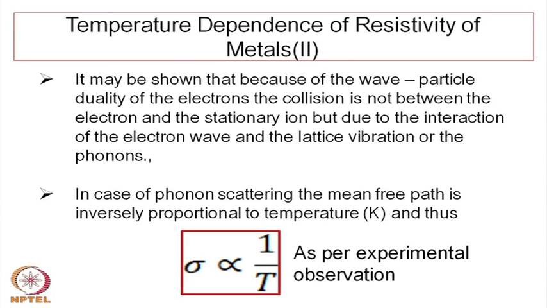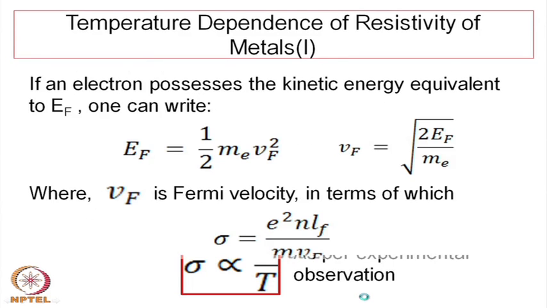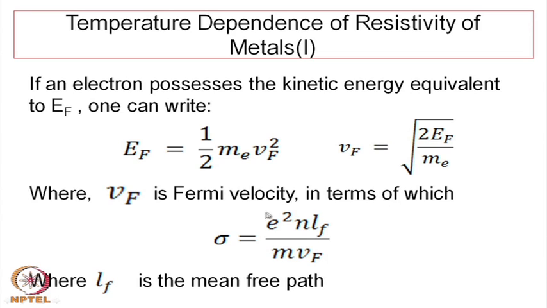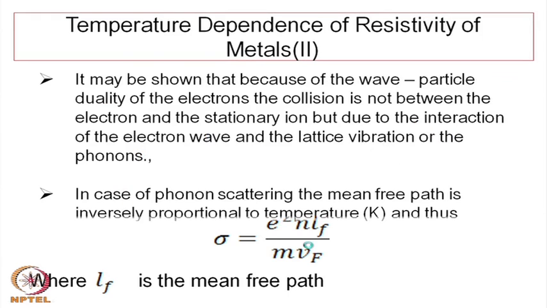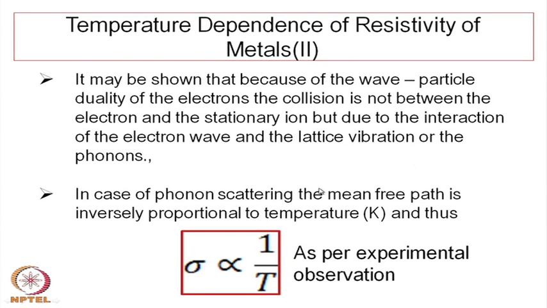Okay. So this collision and the earlier collision which we considered in the ideal gas theory are a little different, so their characteristics will also be different. In the case of phonon scattering, the mean free path is inversely proportional to the temperature. Sigma is proportional to the mean free path, and this mean free path is inversely proportional to temperature.